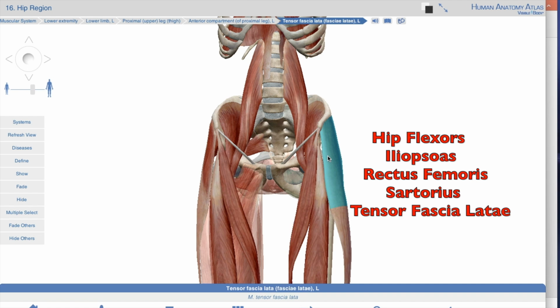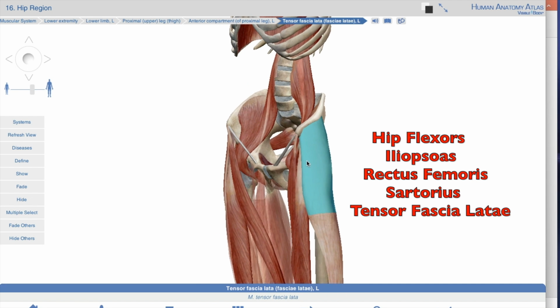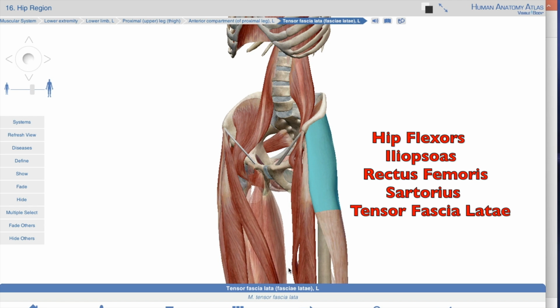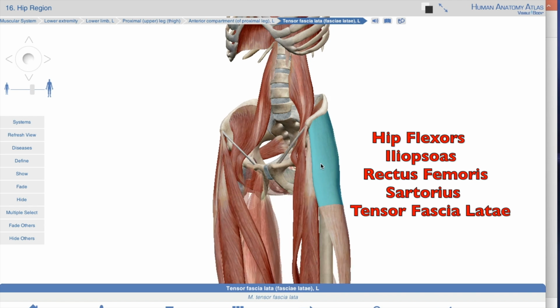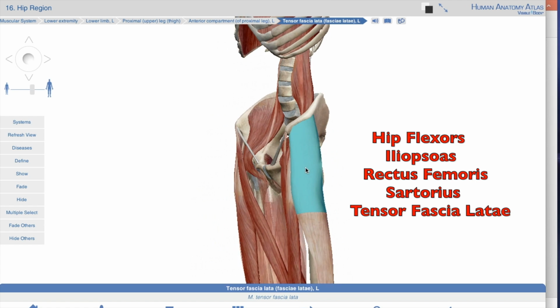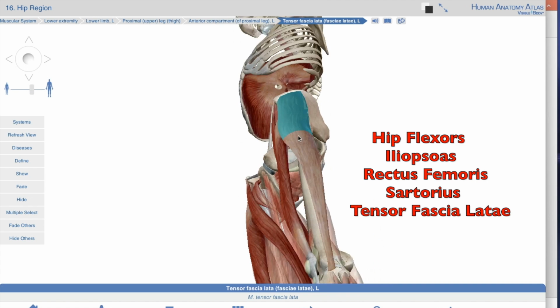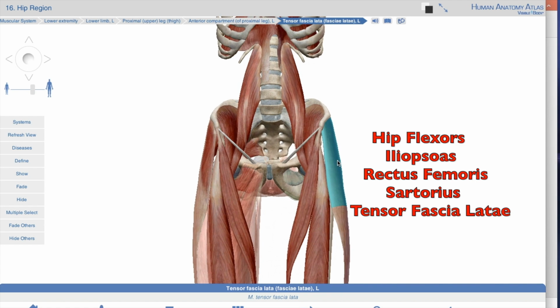And then finally, laterally, we have a muscle called the tensor fascia lata, which is also called the TFL. It's a bit of a lateral muscle. You can see it would also aid in abduction of the thigh, but the anterior fibers here would also cross anteriorly and be a hip flexor. Those are the anterior compartment muscles of the thigh.